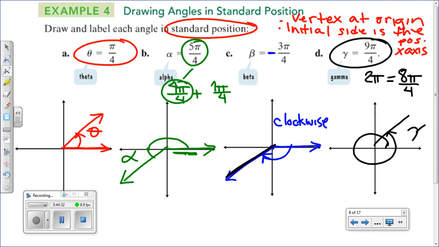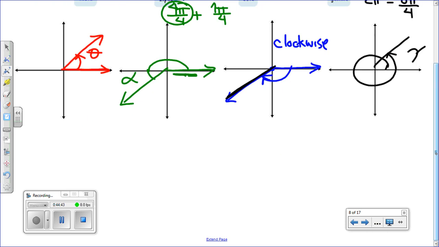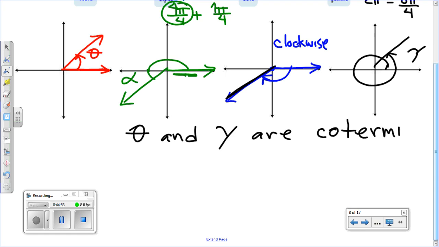The same initial side and also the same terminal side. Beautiful. So what do we call them? They actually have a name. How do you call someone who works with you? Coworker. So angles theta and gamma are coterminal. Okay? Because they have the same terminal side. That's the whole thing.